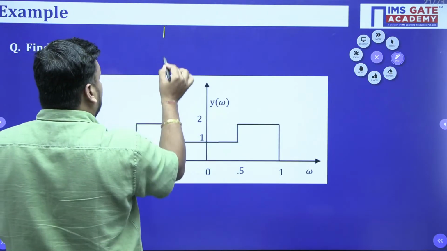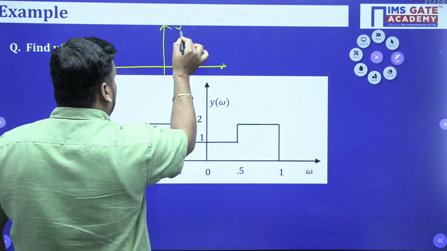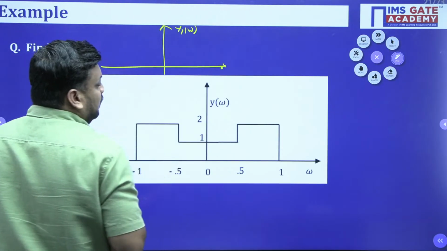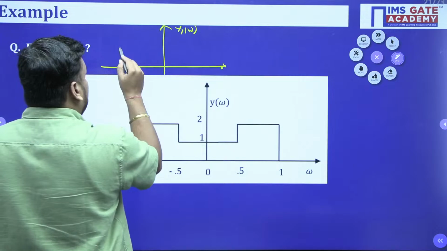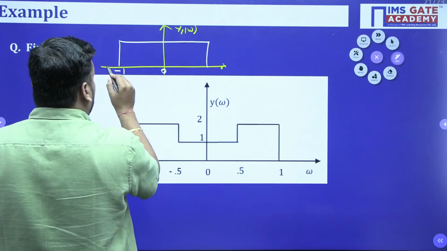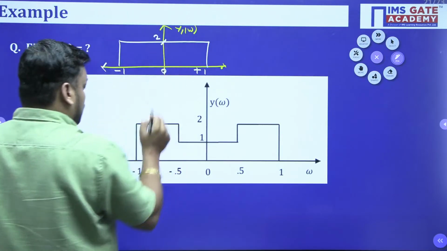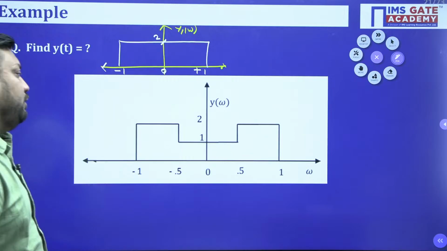If I make my y1 omega just like this, y1 omega is from minus 1 to plus 1, and the magnitude is 2.